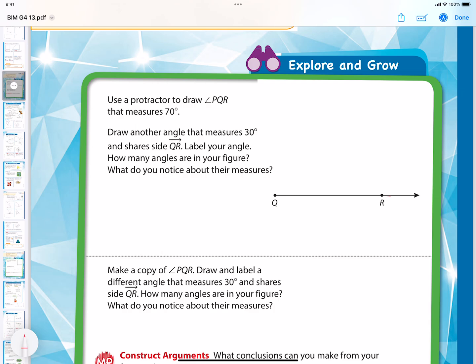I'm sure you watched my video before about the adjacent angle. I want you to use that idea. Today we are going to learn about adjacent angles, where you are sharing one common side or ray, and the vertex.